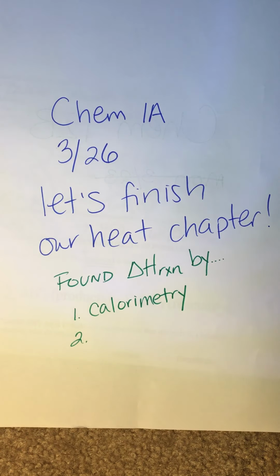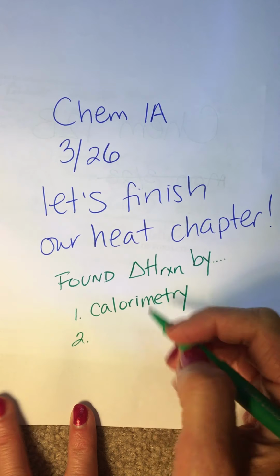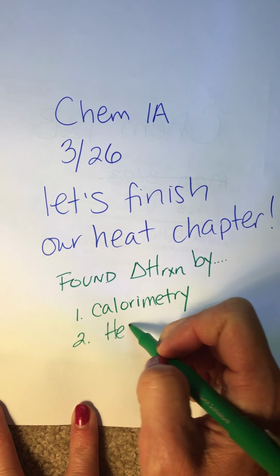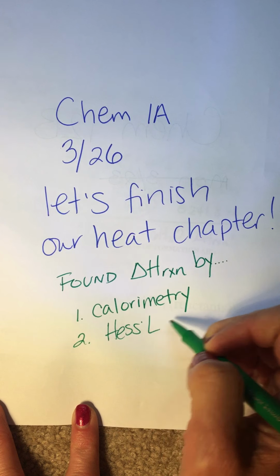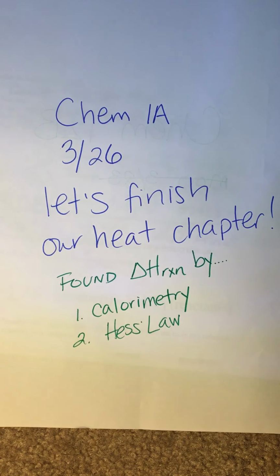Another way we found the heat of a reaction in the last lecture was Hess's law, where we summed up smaller elementary reactions so that they would add up to an overall reaction, kind of like putting a puzzle together, where you have to manipulate your puzzle pieces, reverse them, maybe double them, maybe triple them, maybe cut them in half. You could even multiply by 1/2 if you needed half of your recipe, just like you would do in cooking.